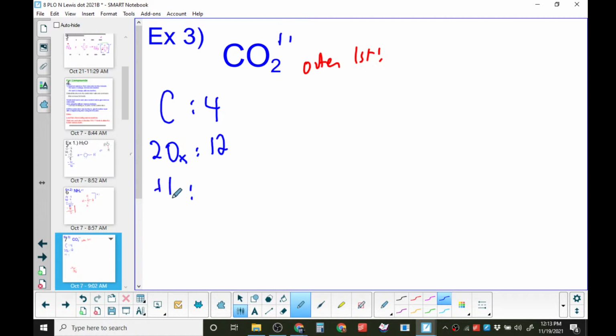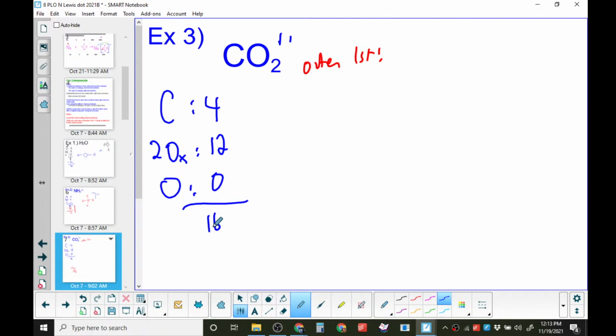If I put plus 1 there, what would that do to the number of electrons? Decrease them by 1. If this was minus 1, I'd add 1. So that 0 was there not for oxygen, but to say that there was no change due to the charge. Add them up: 4 plus 12. So we got 16 electrons.